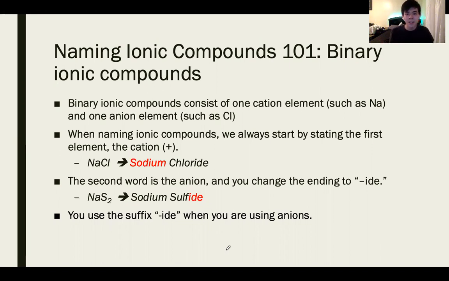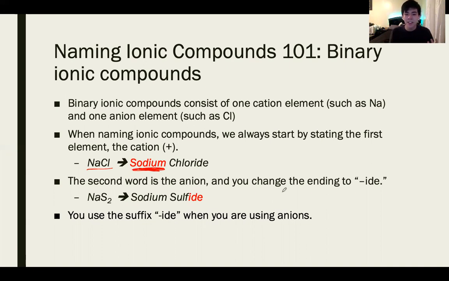And then one anion element, such as chlorine. Chlorine is considered an anion because it contributes a negative charge. When we are naming ionic compounds, we always start by stating the first element, the cation. So like NaCl here, we start with sodium, right? So that will be the first part of our name.